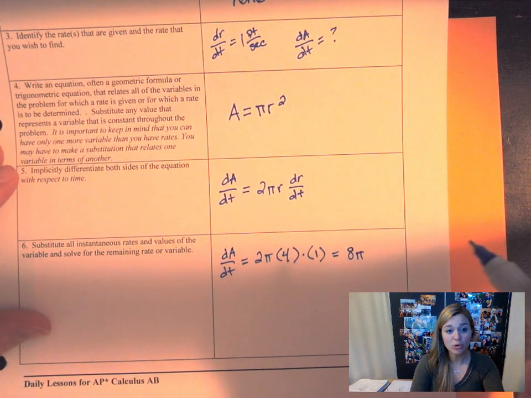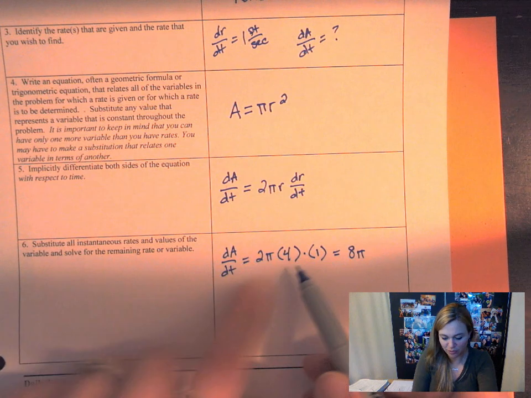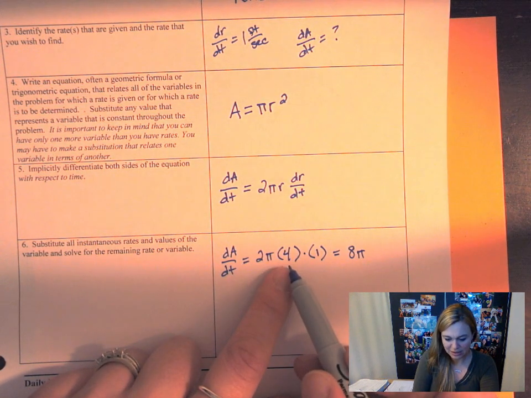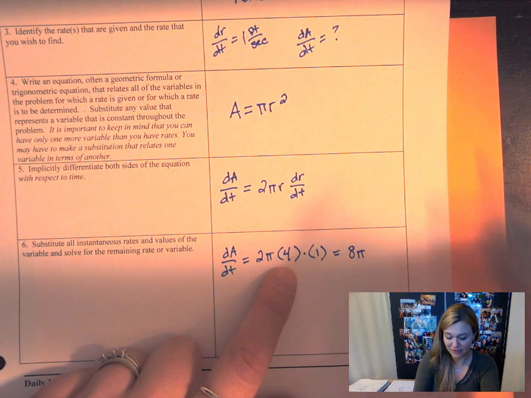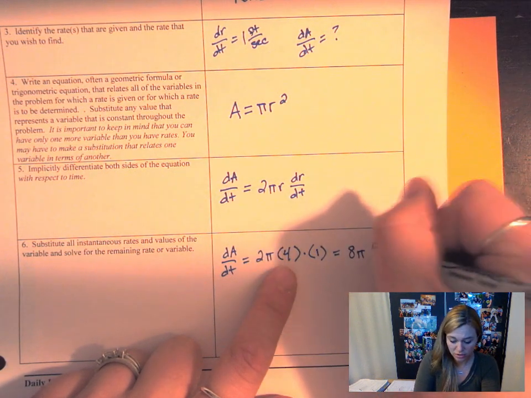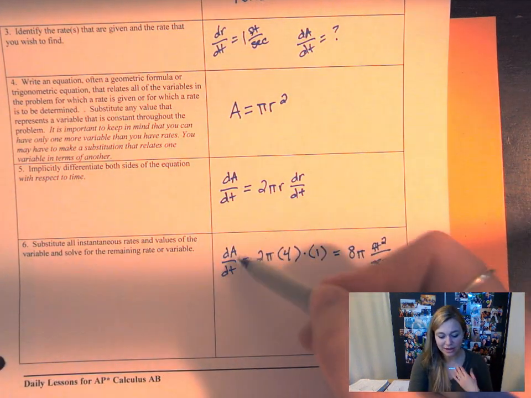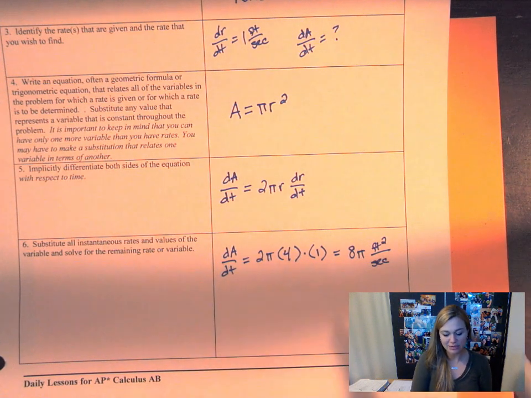But what's really important is to make sure that you have correct units. If you wanted to think through this, radius times dr/dt: foot per second times foot would be square foot per second. Or you can say area is how many square feet are inside of something, and time was given in seconds.